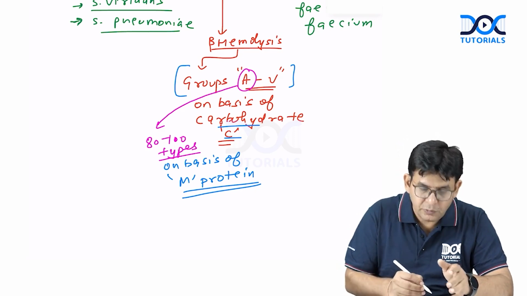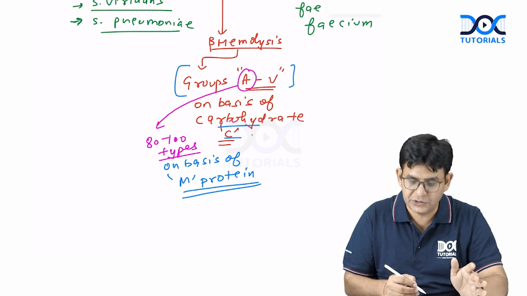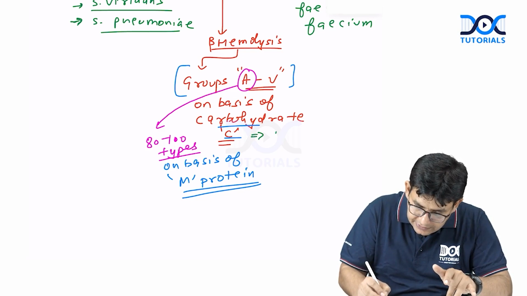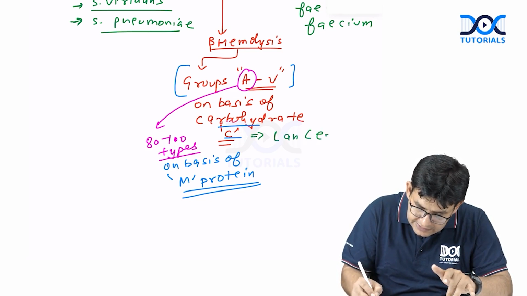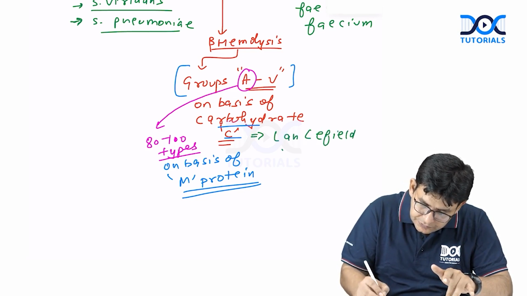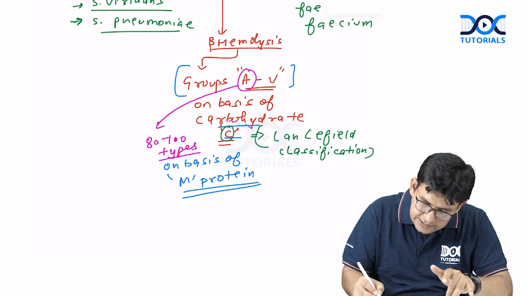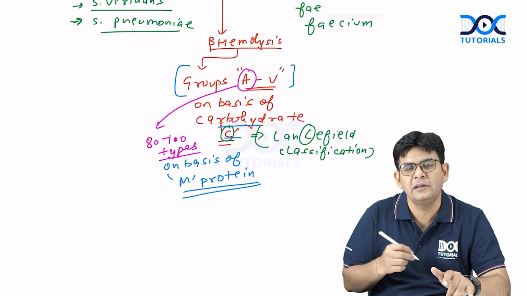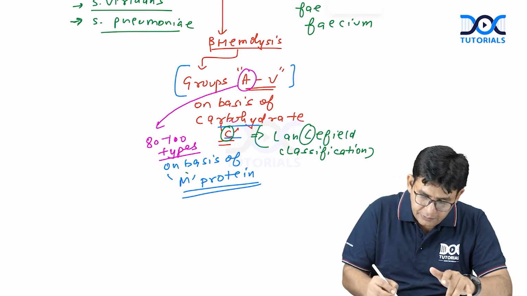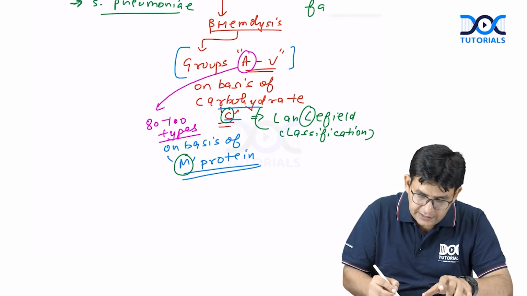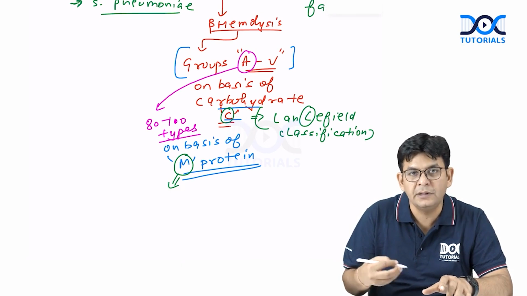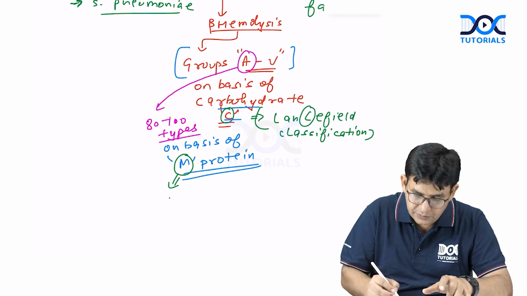Now, let's know what the name of the classification is. The carbohydrate C one is termed the Lancefield classification. So make this C capital, and you will be able to know that this depends on Lancefield. Whereas the classification based on M protein is what?